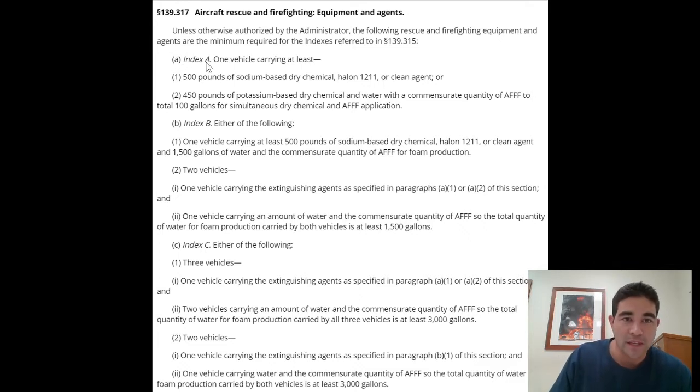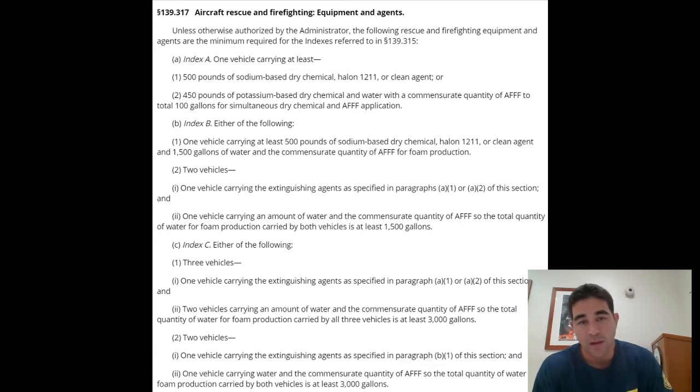So, with index A, you're gonna need, and this is the minimum, yeah, you can always have more, at least 500 pounds of sodium-based dry chem, halon, or clean agent, or 450 pounds of potassium-based dry chem, and water with a commensurate quantity of AFFF foam to 100 gallons for simultaneous dry chem and AFFF application.